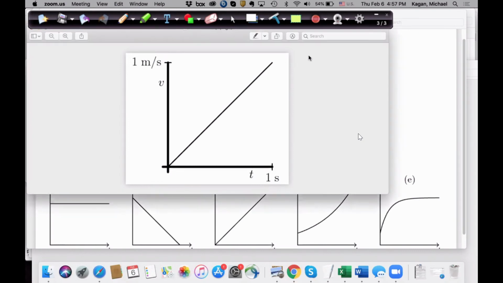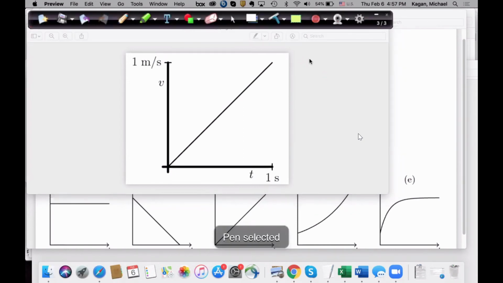So what is the displacement from 0 to 1 second?